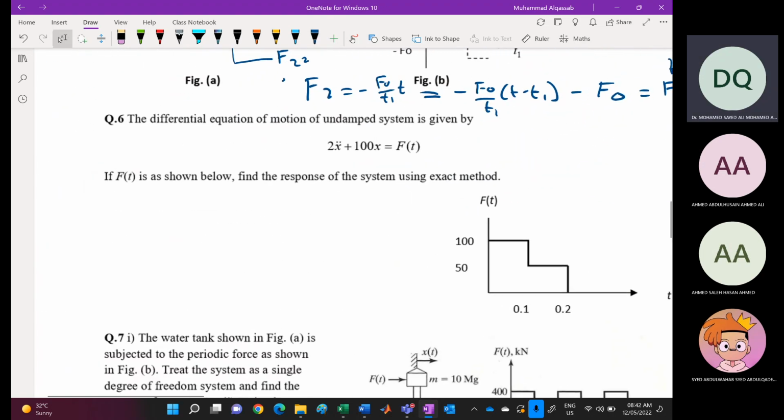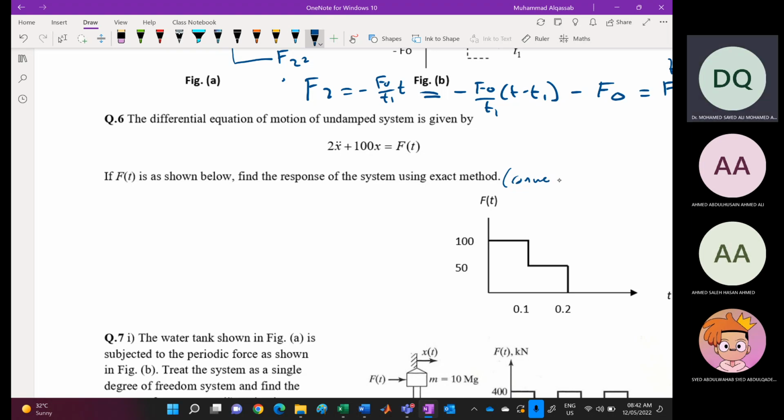Okay, question number 6. The differential equation of motion of an undamped system is given by 2x double dot plus 100x equal f of t. If f of t is as shown below, find the response of the system using the exact method, which is the convolution integral.